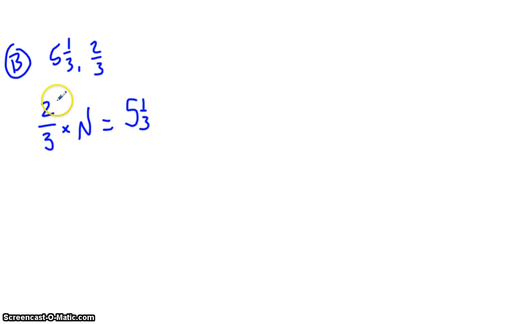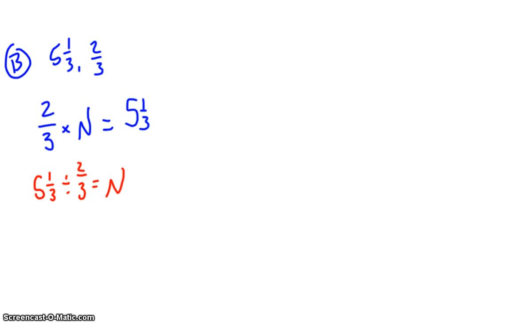Well, this is multiplication. And again, I could solve this by dividing and balancing my equation, or I can simply reorganize this fact into a fact that's part of the same fact family. Well, if I do that, then I'm going to take 5 1/3 here, and I'm going to make it a division sentence, because I'm going to take 5 1/3 divided by 2/3 should equal n.